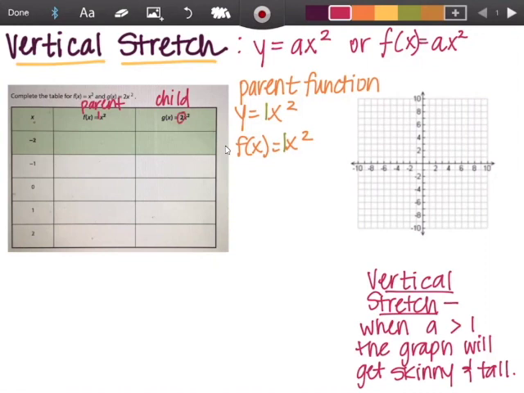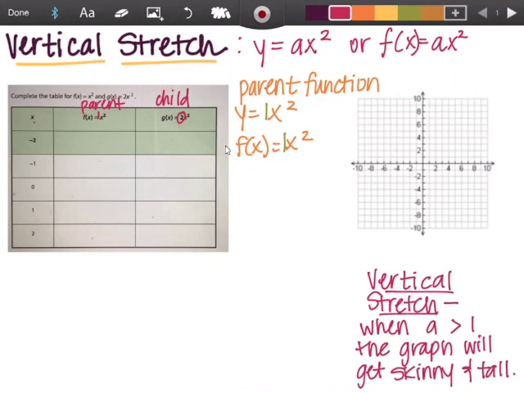So that means when a is greater than 1, the graph will get skinnier and taller, which creates a vertical stretch. So we can say that when a is greater than 1, you multiply the parent function by a factor of 2. All right, so we'll get into that after we go ahead and graph it.